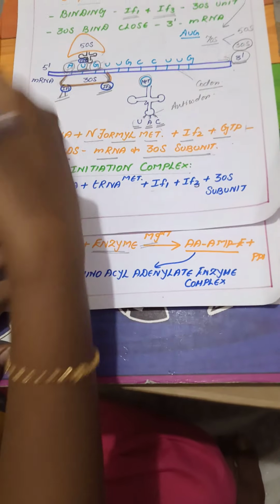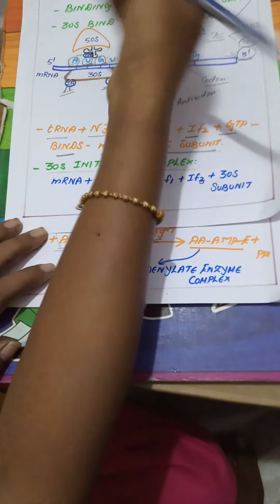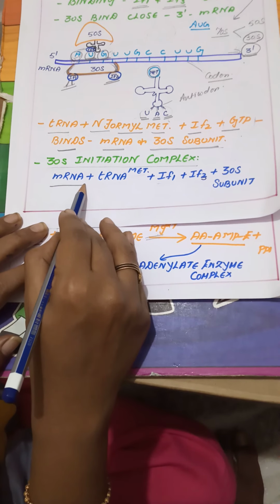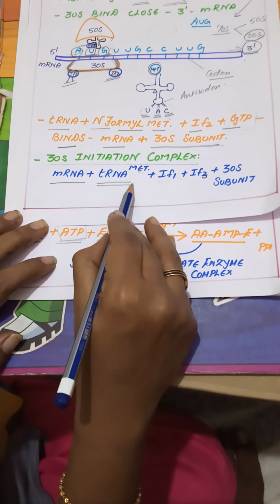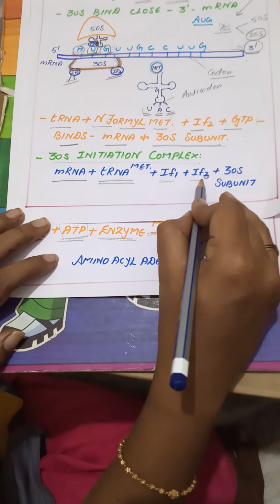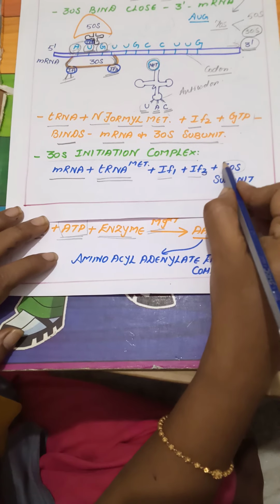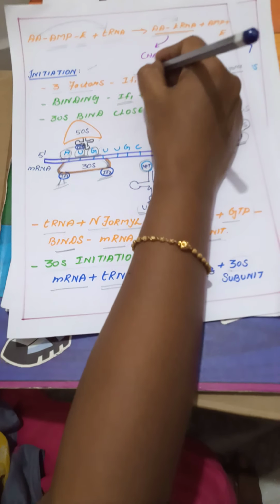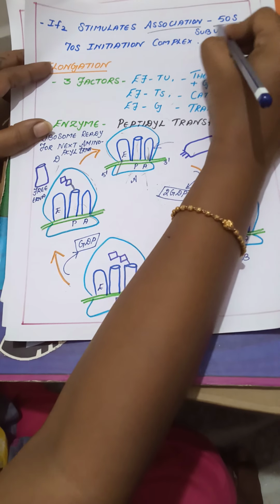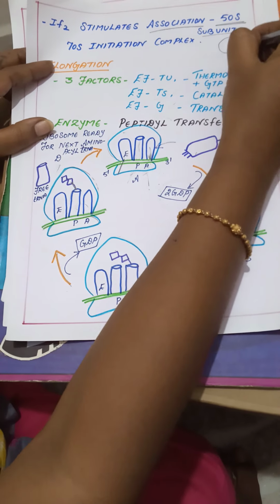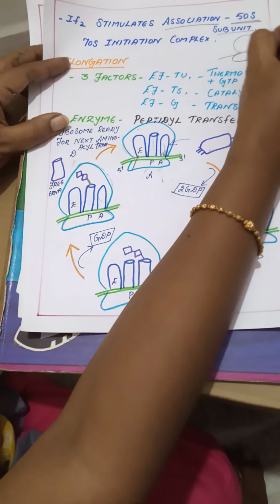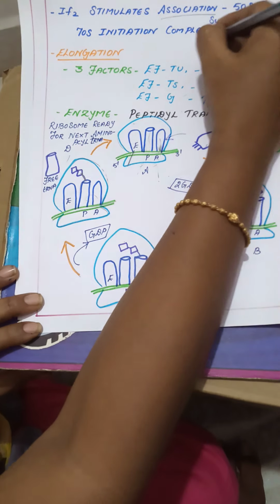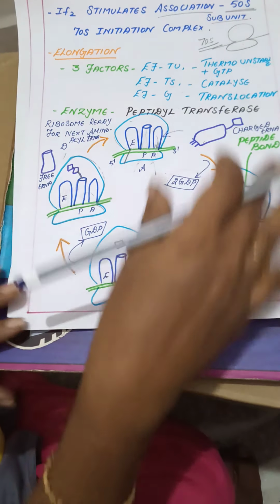The initiation complex is what initiates the process of translation, where the mRNA codon is present, the tRNA provides an anticodon, and IF1 and IF3 help the binding of the 30S ribosome to the mRNA. Next, IF2, initiation factor 2, stimulates the association of the larger unit, the 50S subunit, with the smaller unit to form a ribosome, that is, the 70S initiation complex is formed now.